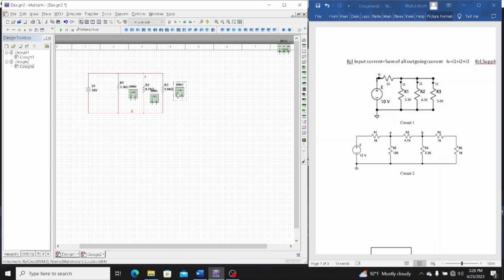And we know that to determine current, we must connect it in series with the resistor. And we know the shortcut to rotate, and that is Control R. Then I am going to connect all the multimeters in series.